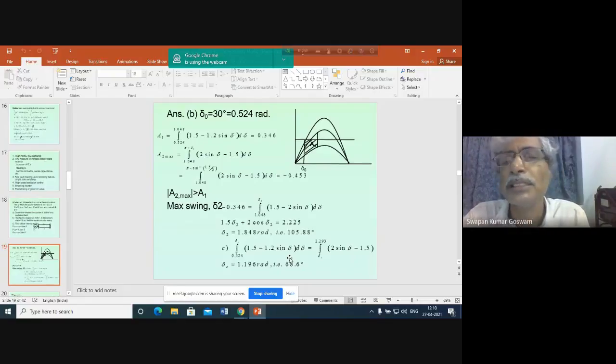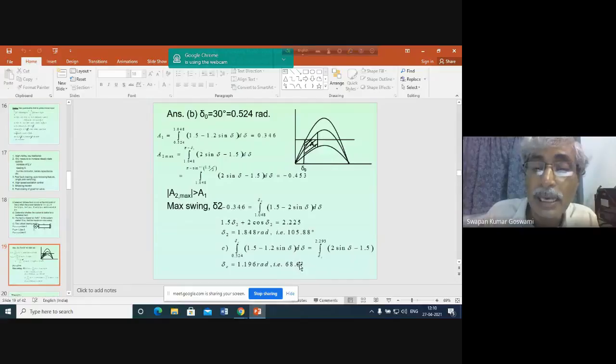Better transient stability means your system can withstand a larger disturbance in power. So upon which factors will it depend whether the system becomes stable or not? It will depend upon the initial operating angle that we have explained. It will depend upon the speed of the protection system. That is very much clear from this critical clearing angle.